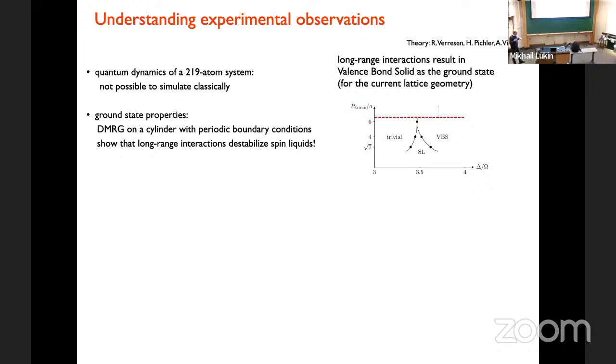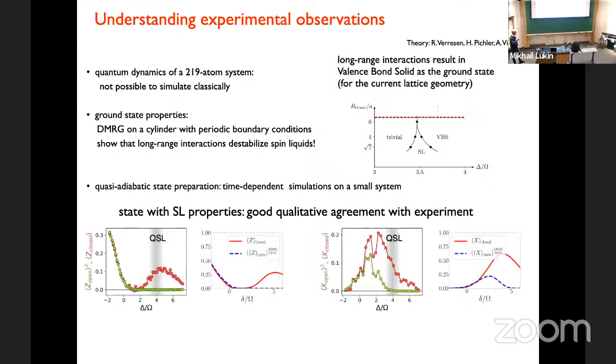Why do we create this spin liquid state in the first place? What we have done is some numerics, and for a smaller system you can still do it. It turns out that if you do this adiabatic preparation, you enter into a state which has all the signatures of a spin liquid.